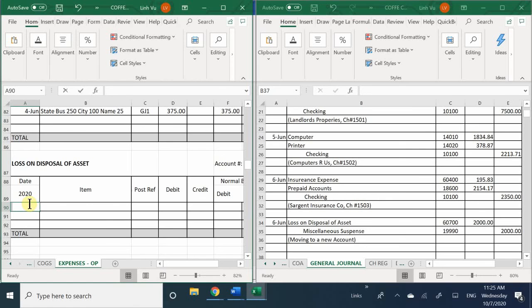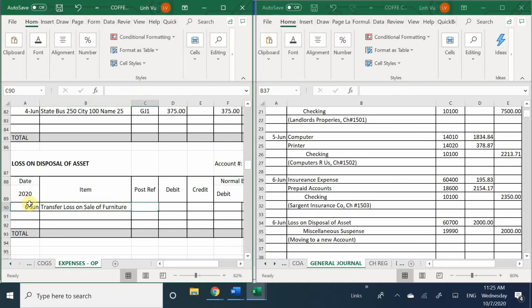Okay. So once I've gone here, I'm going to go ahead and indicate here the date, which is June 6th. The item that I'm going to place here is going to be transfer loss on sale of furniture.